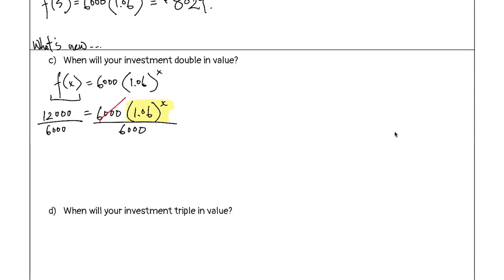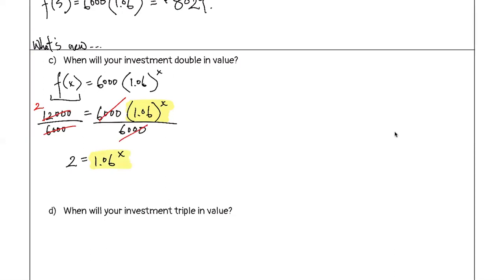We know 6,000 and 6,000 reduce to 1. And then 12,000 divided by 6,000 gives us 2. So what that gives us as a new equation is 2 equals 1.06 to the x, okay? So we have isolated our b to the x.